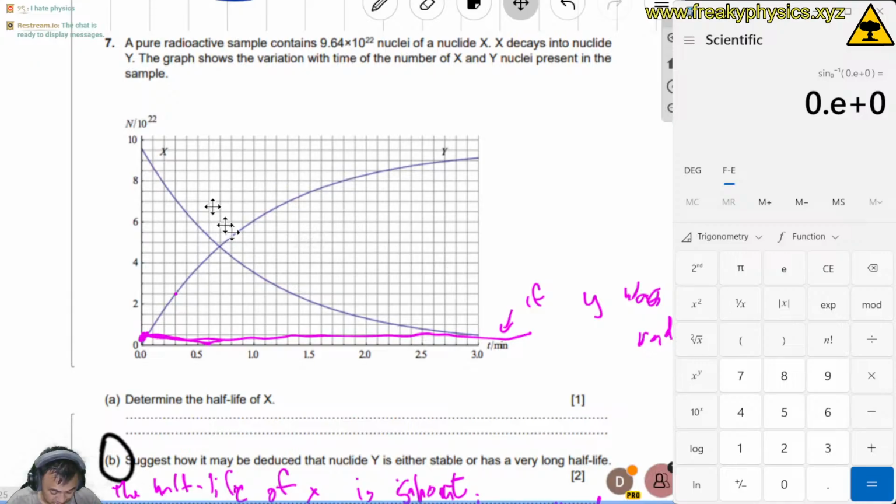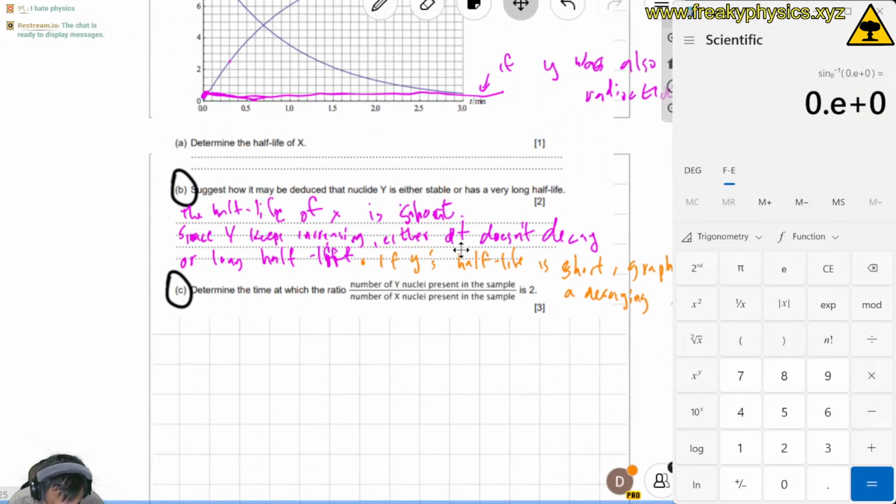When you see this problem, you normally just think, okay, that's natural because Y will be produced as X decays. But the key idea here again is for Y to also increase, it must be either stable or have a long half-life. Because again, it should decay as it's being produced. So we'd have to wait for the Y curve to decrease to find its half-life.